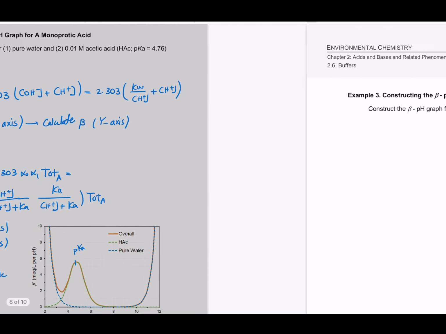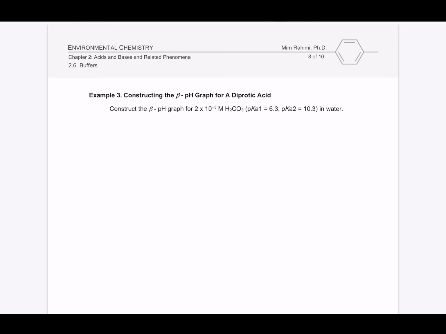So the next example is very similar to this one, but here, instead of a monoprotic acid, it's a diprotic acid. Carbonic acid is given, with the concentration, pKa1 and pKa2. Obviously they have two pKa's, and the total concentration is also given. So we know the total beta overall is equal to beta of water plus beta of carbonic acid.